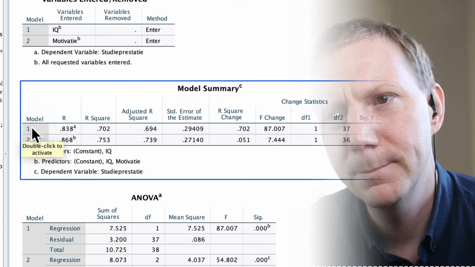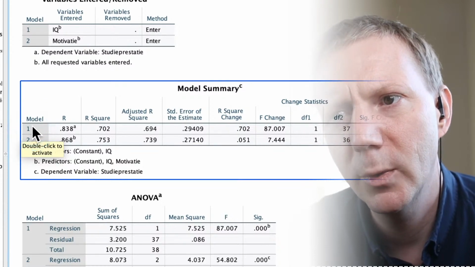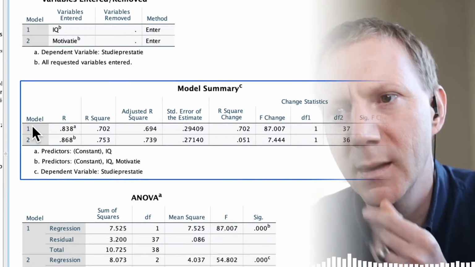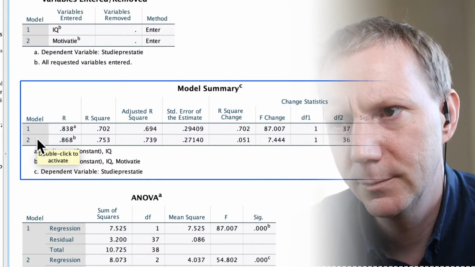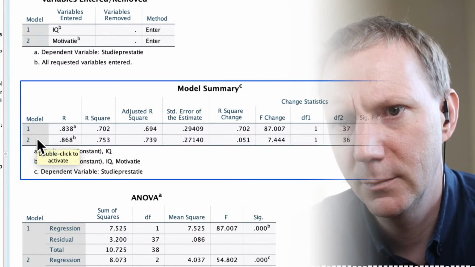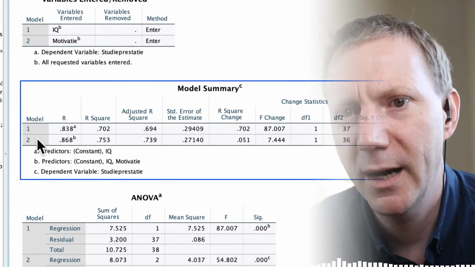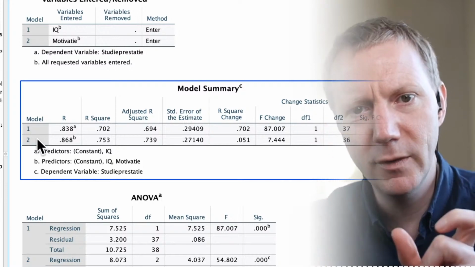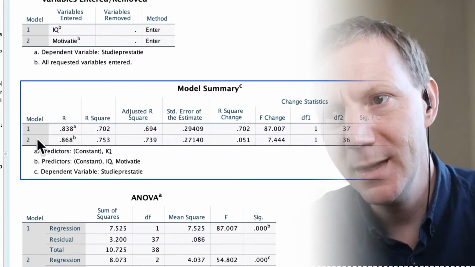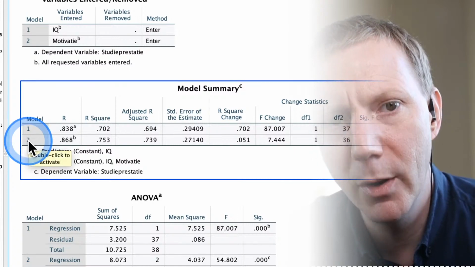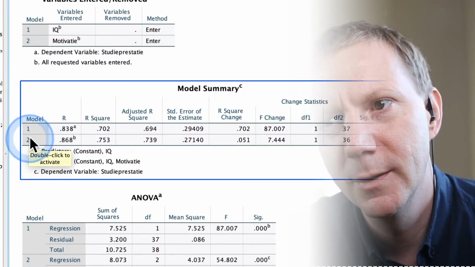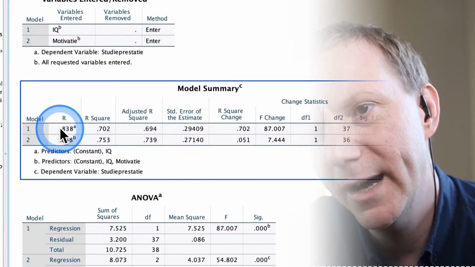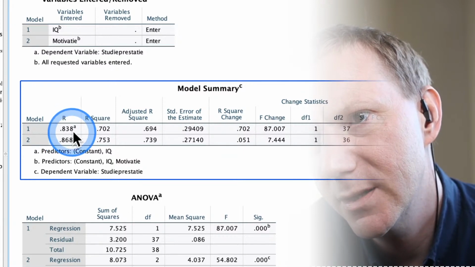So what is model 1? What predictors are in model 1? IQ. And what predictors are in model 2? IQ and motivation. Yes. So the blocks mean that it adds the new variable to the first one. So the second model contains both IQ and motivation.